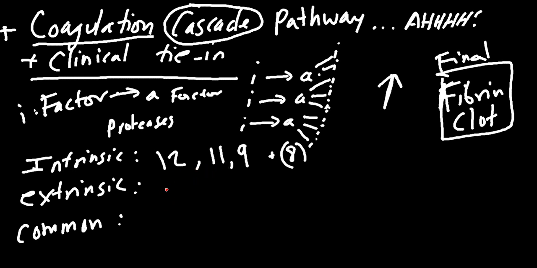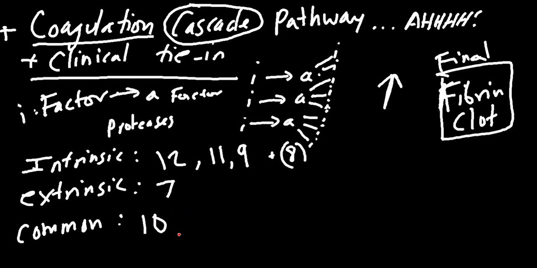The extrinsic pathway, my apology, is going to primarily involve factor 7. So it's a little shorter, but this is dealing with tissue damage, direct tissue damage, typically due to trauma of some sort. And then the common pathway is always going to start with factor 10.